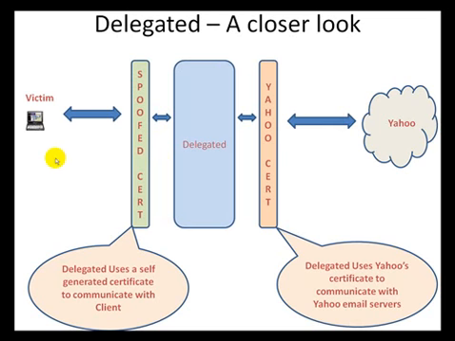So Delegate D is the real man in the middle utility, sitting in between, encrypting and decrypting on both sides, taking the data from the victim, forwarding it to Yahoo and sending it back to the victim. So that is why the SSL man in the middle attack is possible, and it happens very transparently.